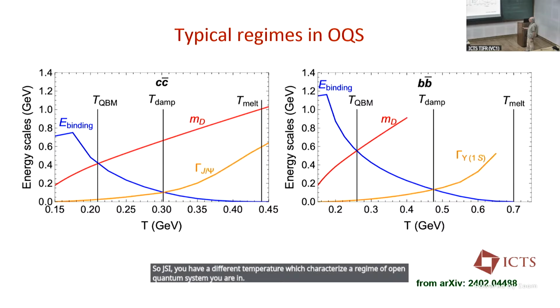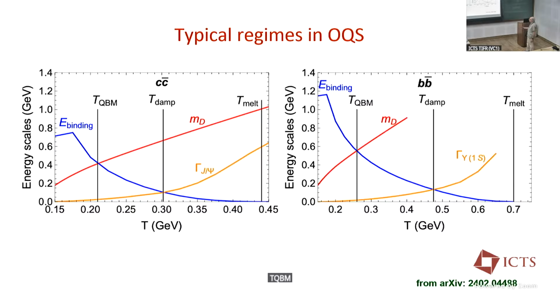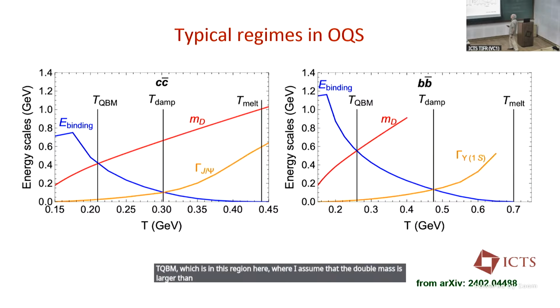Most of the discussion that I have presented in these lectures is valid above this temperature, T_QBM, which is in this region here, where I assume that the D meson mass is larger than the binding energy.